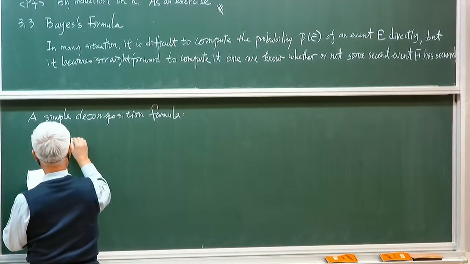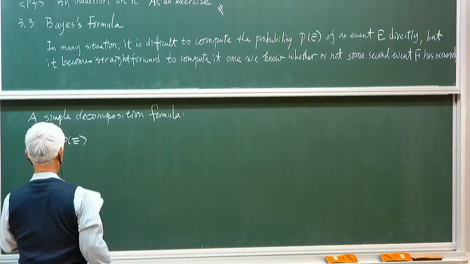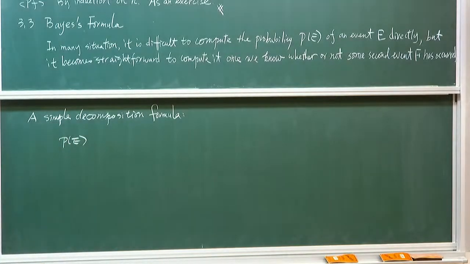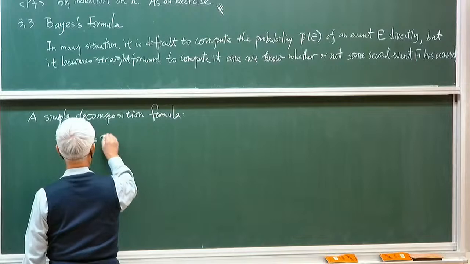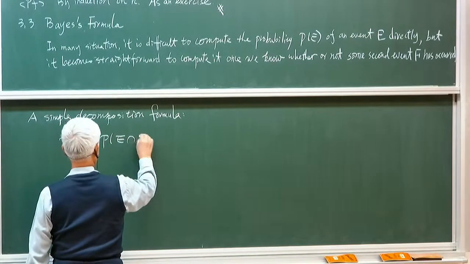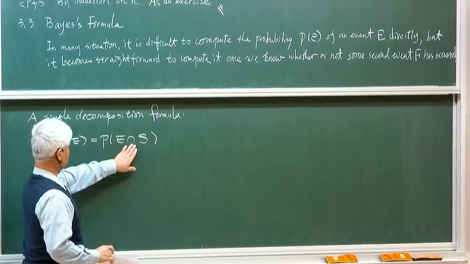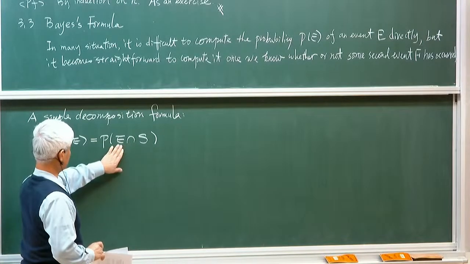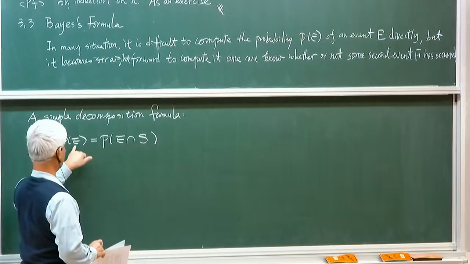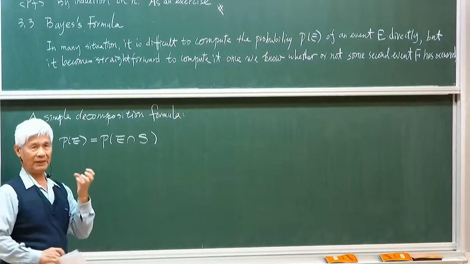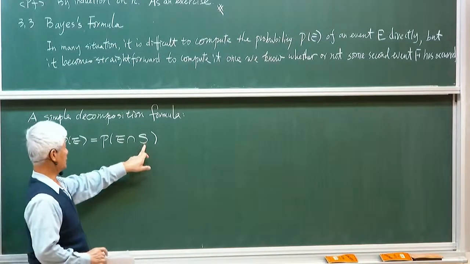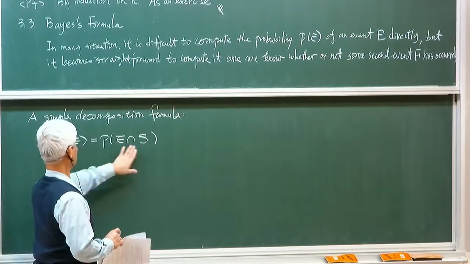First of all, the probability of the event E. If we take the intersection of event E and the total event, we know this is just E, because event E is a subset of the sample space.